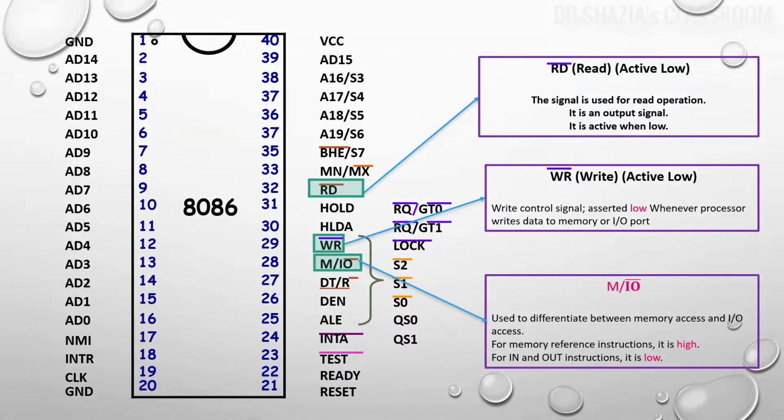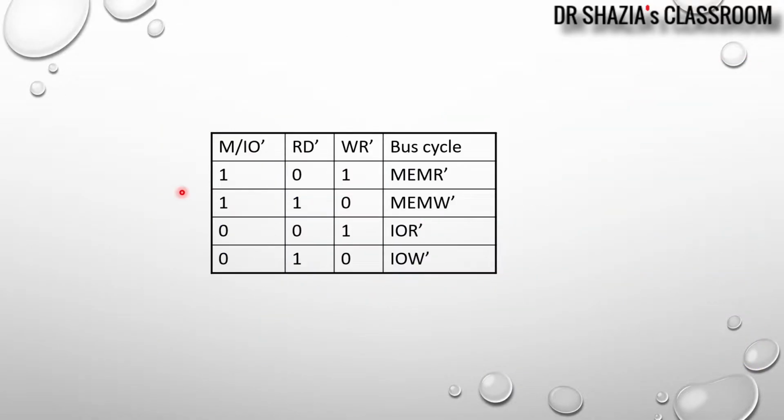So basically, we know that with the help of these three control signals, which are memory slash IO bar, read bar, and write bar, we are able to generate four different types of bus cycle. If we are doing a memory read operation, your M slash IO bar will be high and the read signal, as it is active low, will be low, and we will be in memory read bus cycle.